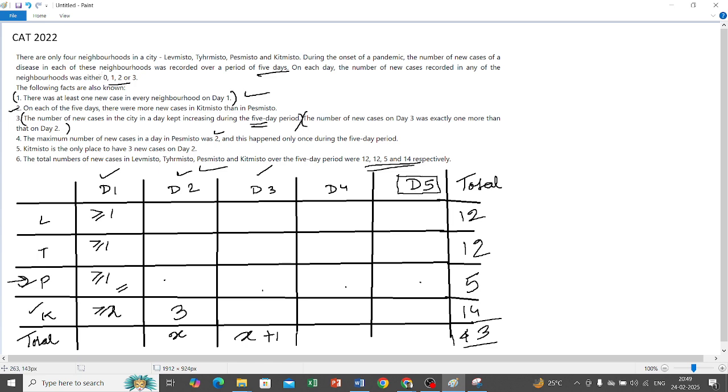Now tell me which value should I put on D5? On D5 cells, which value should I put so that D5 has the maximum number of cases? Tell me, which digit, which number should I put?